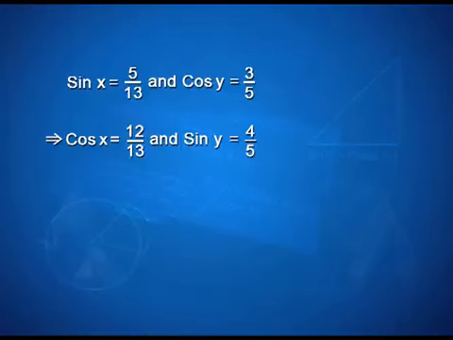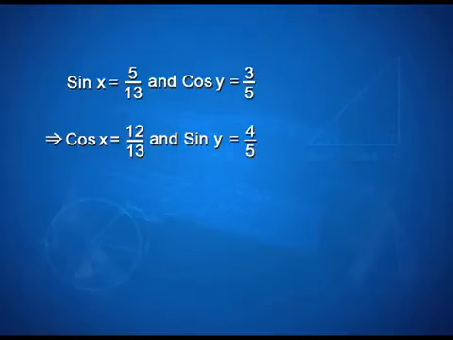How? Using the fundamental trigonometric identity: sin square x plus cos square x is 1, and you can use that to find cos x and similarly sin of y. I have that calculated here for you, but also if you are good with Pythagorean triplets, it just takes a minute to figure out what the other trigonometric functions are going to be. So, cos x is 12 by 13 and sin of y is 4 by 5.